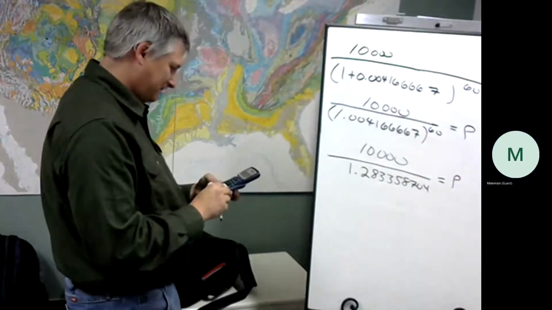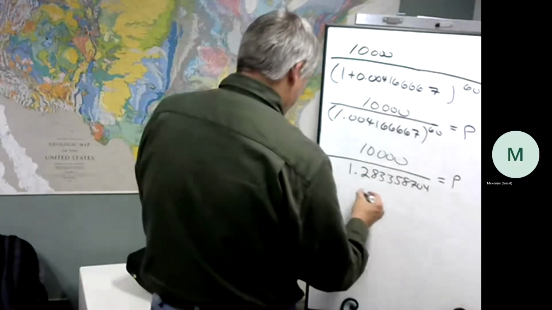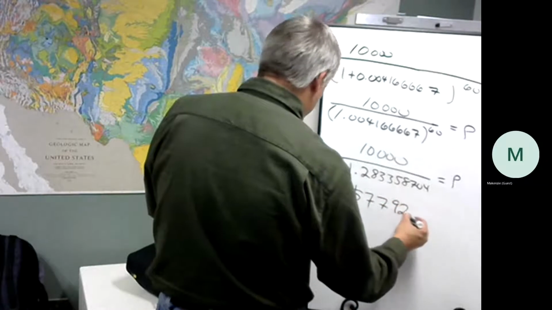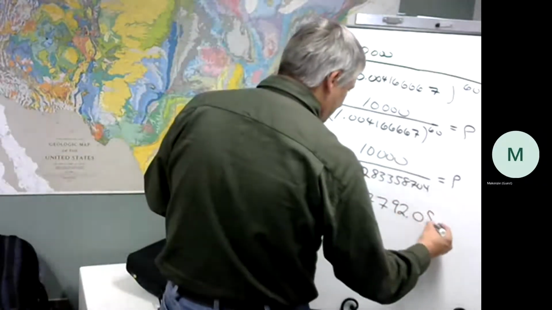And take this, divide 10,000 by it. And so what we'll get is $7,792. And again, you got to round to the nearest cent. It's going to come out to 5 cents.